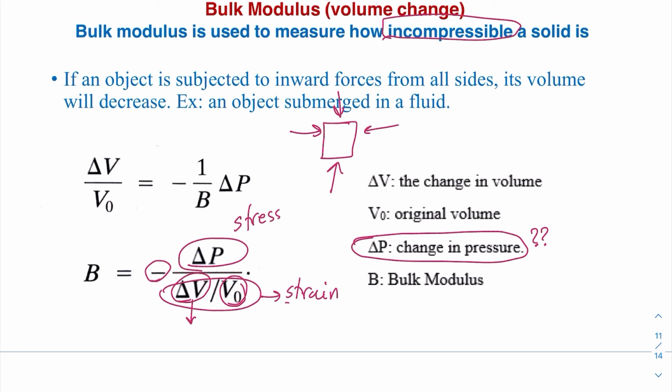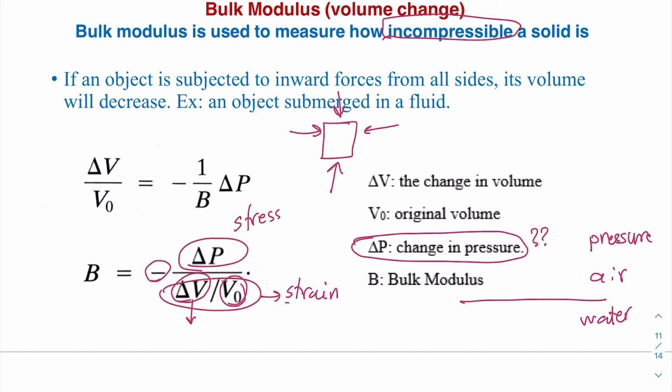To simplify this concept and how to calculate it, consider all objects in the air; they are under air pressure. When we submerge it into water, suppose we have two media, air and water, each with its own pressure.